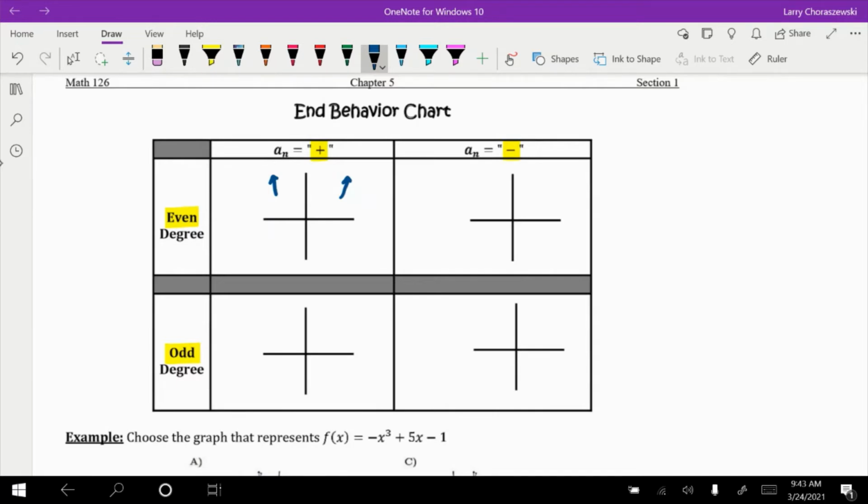As for what's happening between the ends, that'll kind of depend on the terms of the polynomial function, so we won't look at that just yet. Now, if the leading coefficient is negative, you can kind of think of this as like an x-axis reflection where the ends would be reflected across the x-axis and both point down.